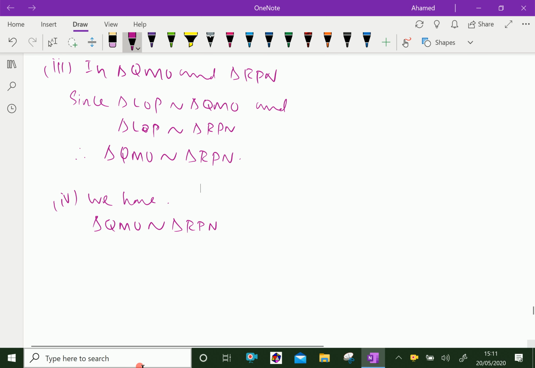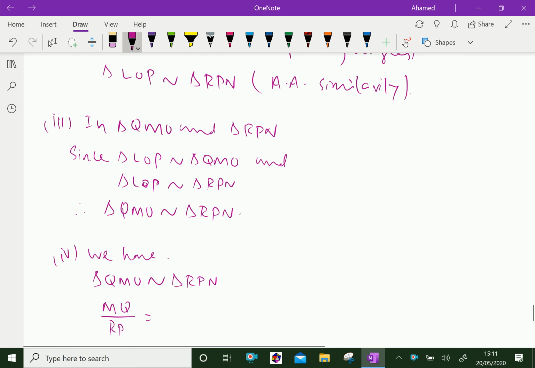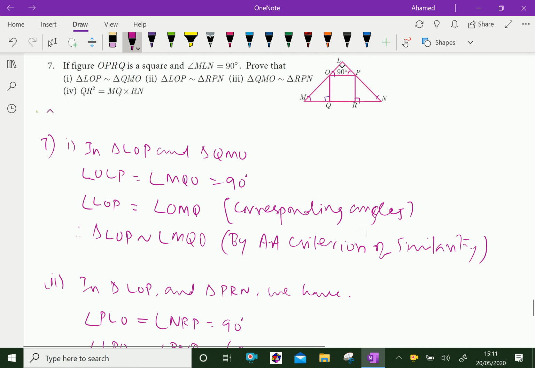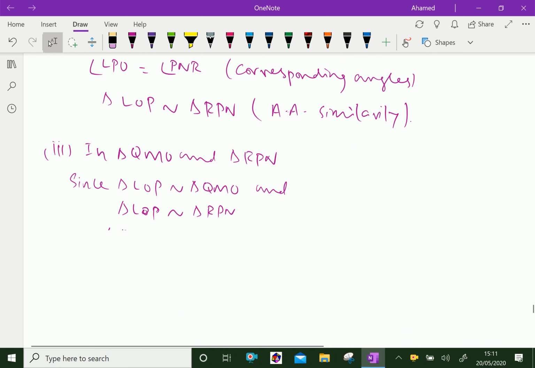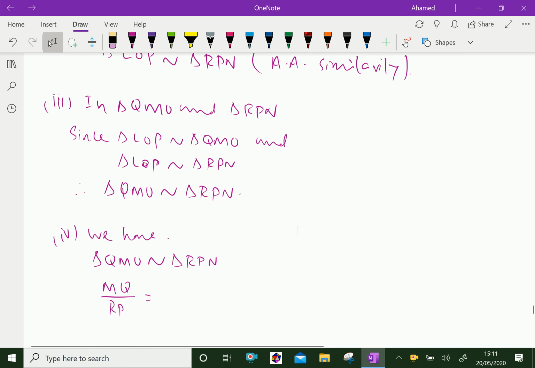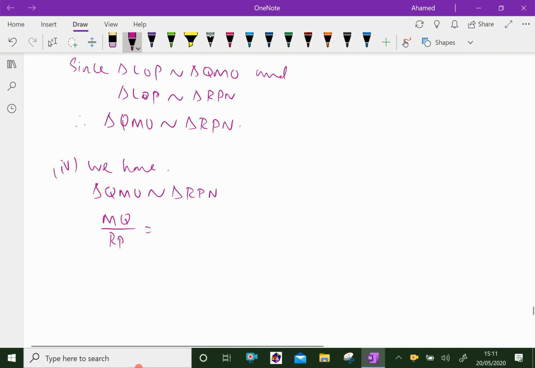Then we can say from that similarity, MQ over RP. Look at this figure. MQ over RP is equal to QO over RN.